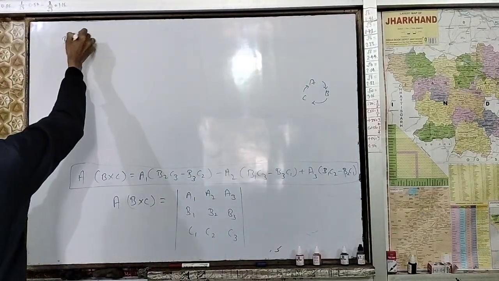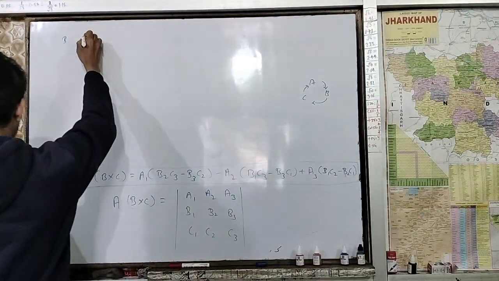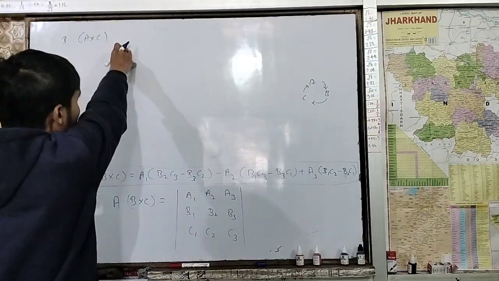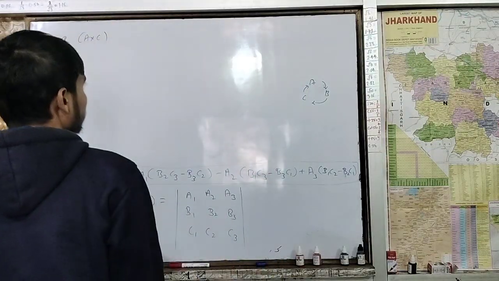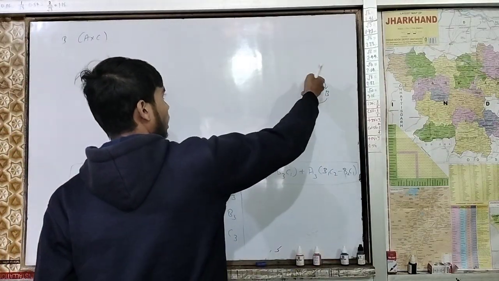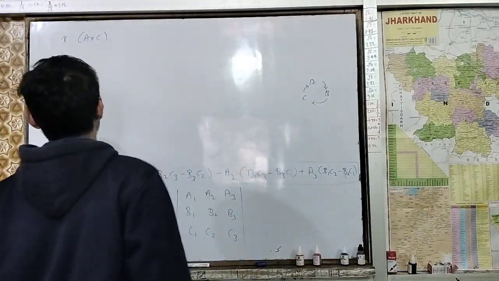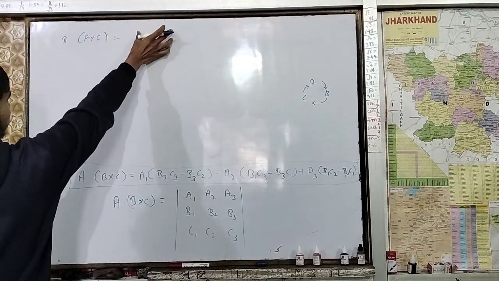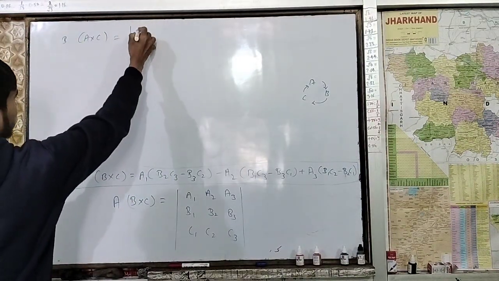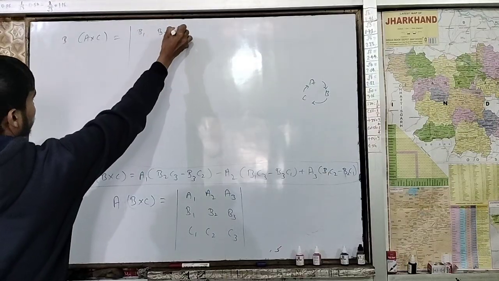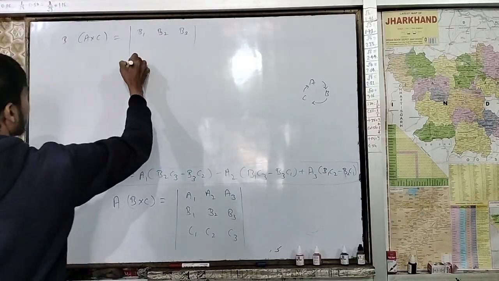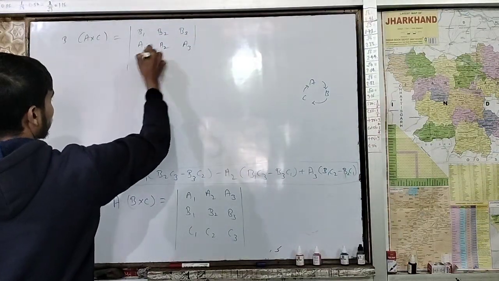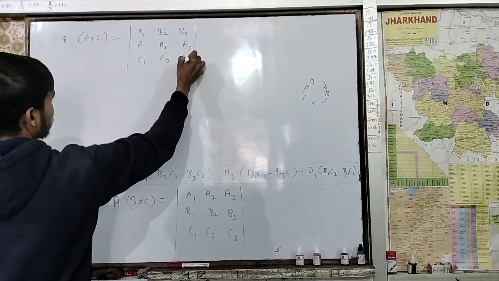So B dot A cross C. In that case, B will come first: B1, B2, B3, then A1, A2, A3, C1, C2, C3.